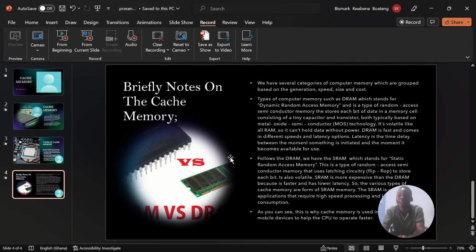The cache memory is derived from the SRAM, and it is very costly, so it is mostly used for special purposes in computers, mobile phones and other gadgets. So this is the idea or topology behind cache memory.